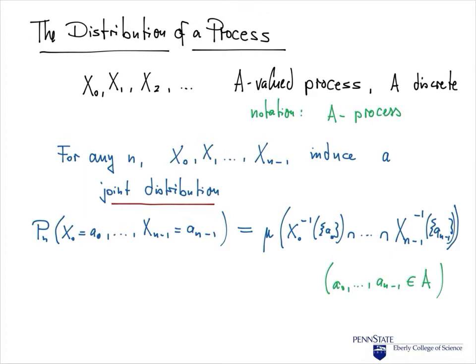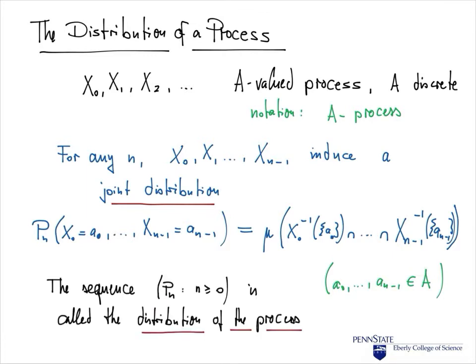And of course, each a_i is assumed to be an element of our set A. And the sequence p sub n is called the distribution of the process. So it's a sequence of probability distributions.